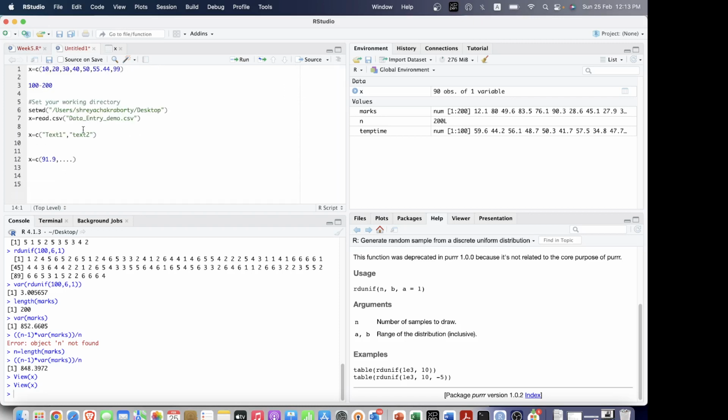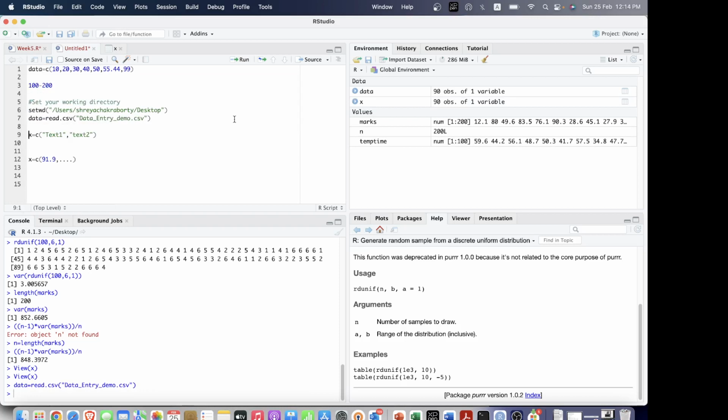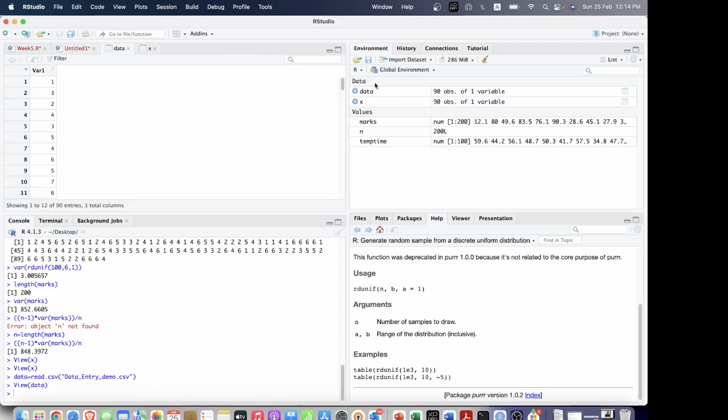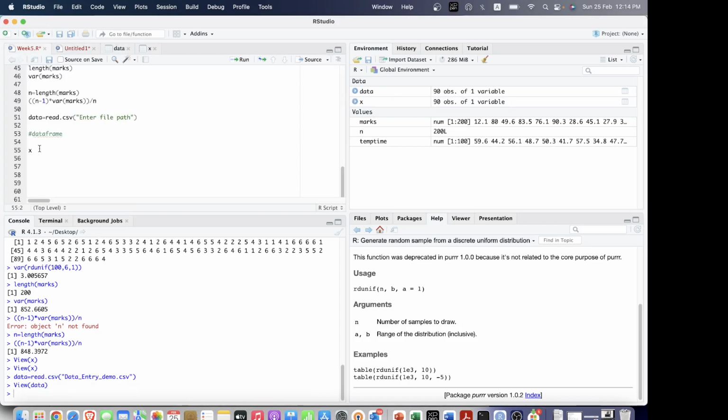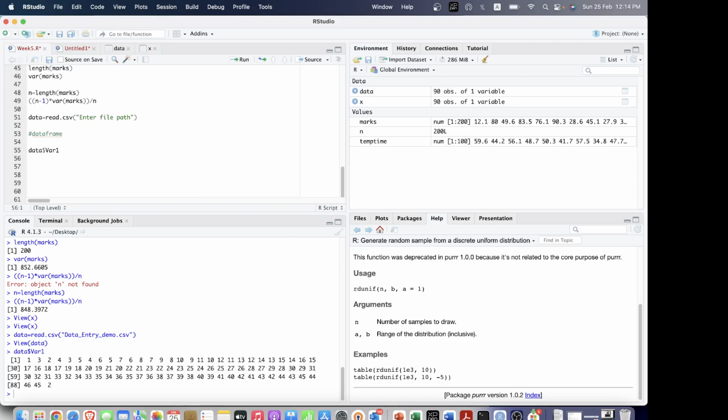I am going to rename this as data. So data has 90 observations on one variable. In order to extract the first column, you just have to do data dollar column name, or data, square brackets, comma, the column number, with the comma representing all rows.